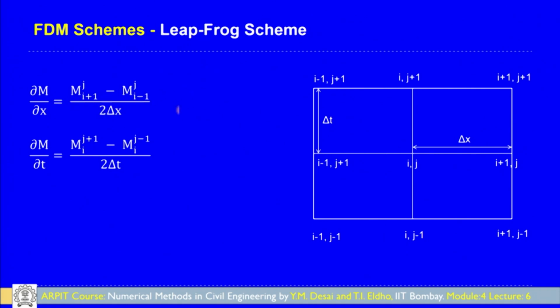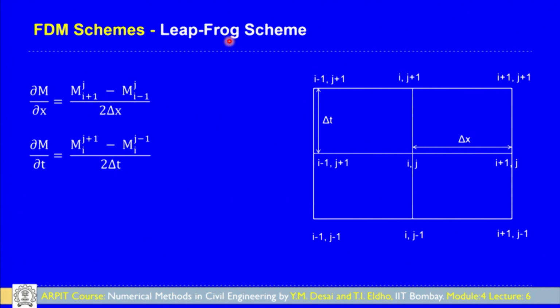So, this is the first derivative of m, and the time derivative we can write as m(i, j+1) minus m(i, j-1) divided by 2 times delta t. You can see we are using the central difference scheme, and then we approximate the first spatial or time derivative of m with respect to x, t or y or other derivatives.